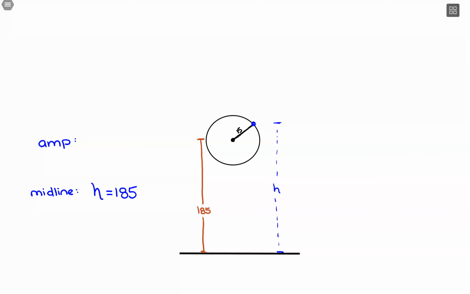Then the amplitude, well, remember that's the radius of our circle. That would be 15. But if you wanted proof of that in terms of our maximum height and minimum height, our maximum height is going to be that 185 plus 15. So if we're at 185 here, getting to the maximum height, we would add on 15.